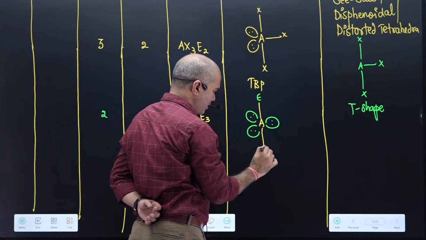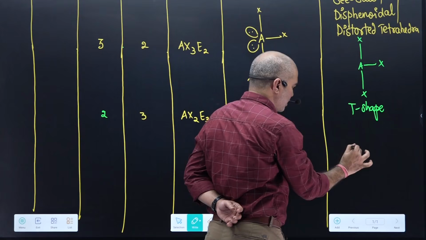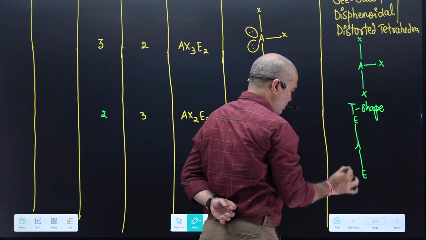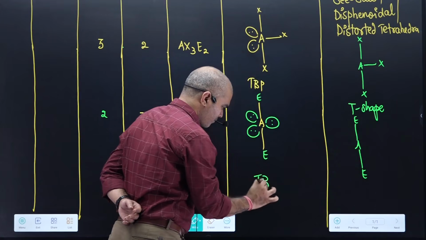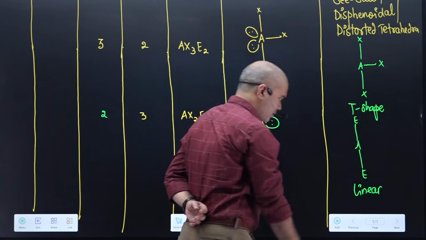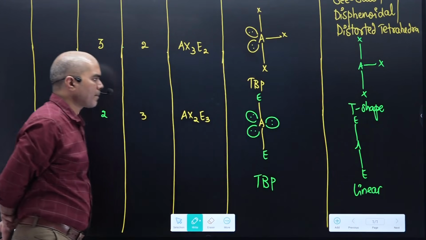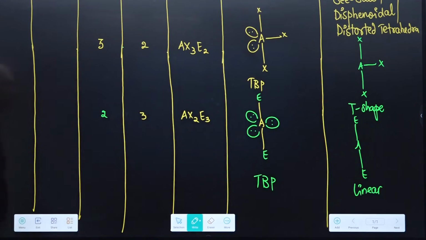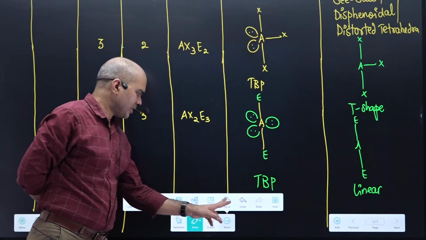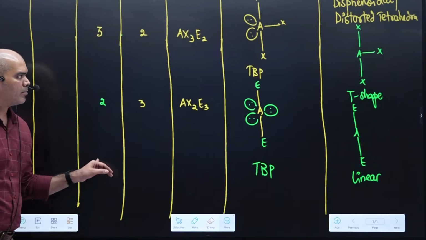This is E and E. And in the molecular shape, don't indicate any lone pair, just put the bond pairs. So what is the geometry? Linear. It is linear. This is a potential area for questions. Steric number 5.